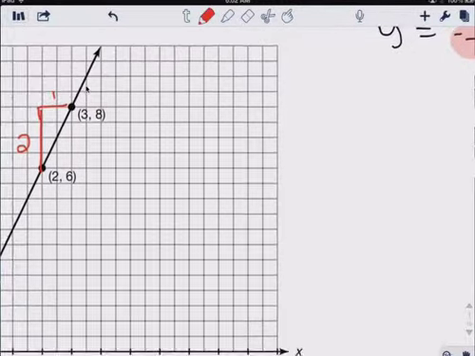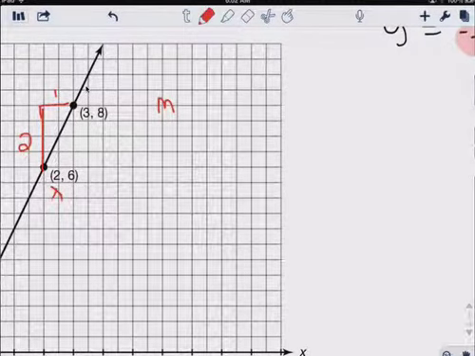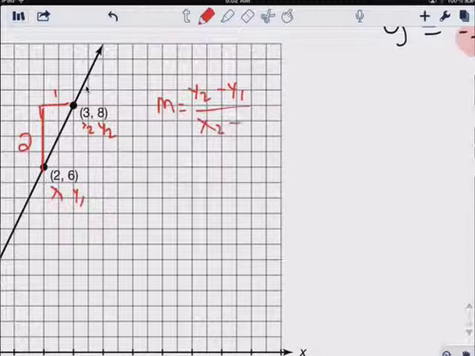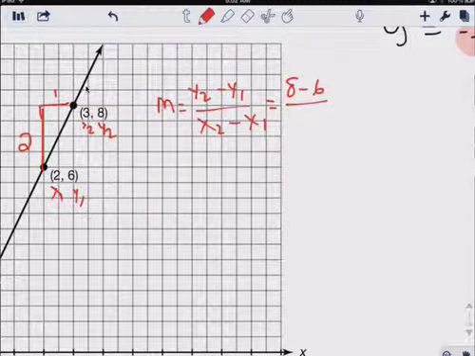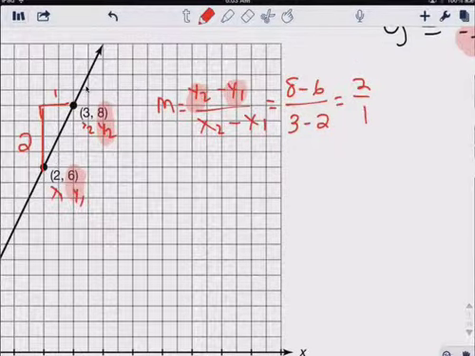So your slope should be 2, or 2 over 1. So m equals y2 minus y1 over x2 minus x1 equals 8 minus 6 over 3 minus 2 equals 2 over 1, or just 2 for slope.